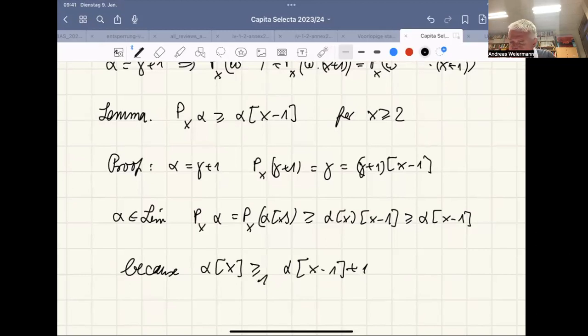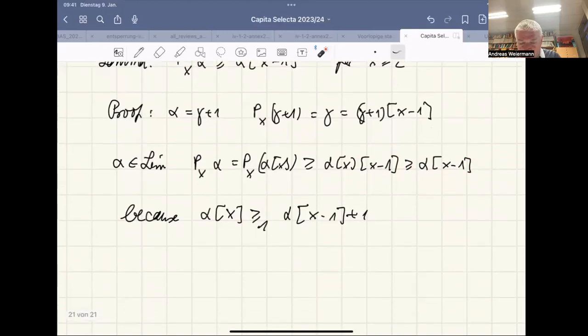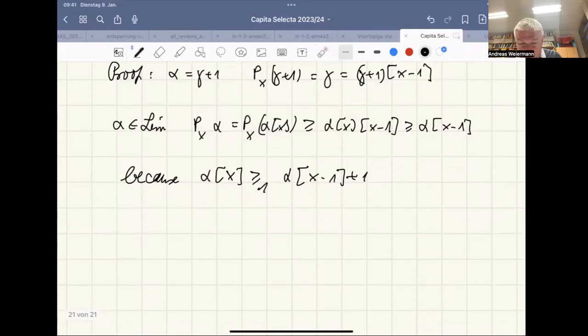So whatever I do from this number here, I can do stepping down along x minus 1. And I will not go directly below this number. So by some stepping down, I will hit this number. Okay.